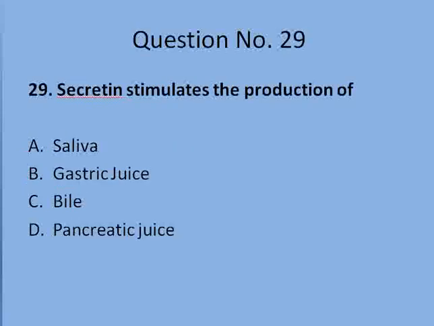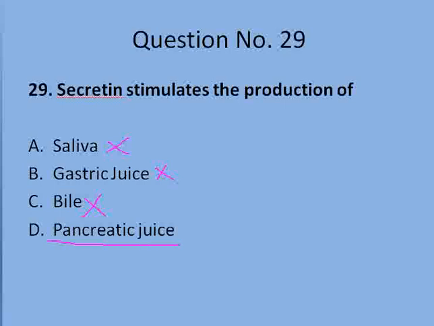Question number 29. Secretin stimulates the production of saliva, they have given. Saliva is secreted by the salivary gland. Gastric juice is also wrong. Bile is related to the liver. So the correct option is pancreatic juice.